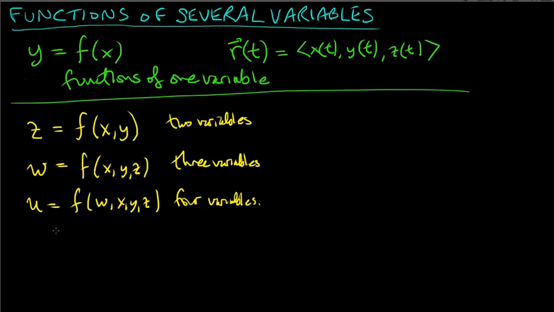Suppose you have a function of 100 variables. You're going to run out of letters pretty quickly. So in cases like that, you would simply use the same letter, say x, but with subscripts: x1, x2, x3, and you keep going up until however many independent variables you have, let's say 100. But again, we're not going to deal with that at all.